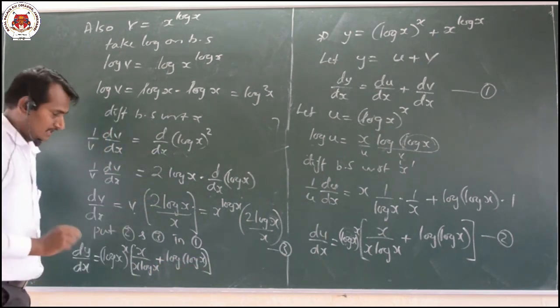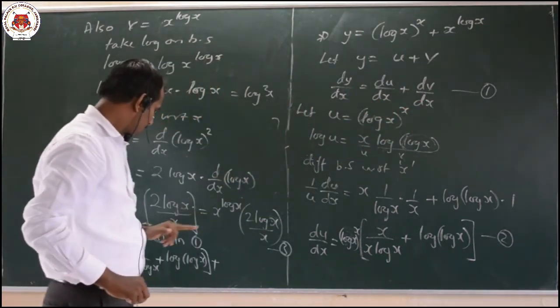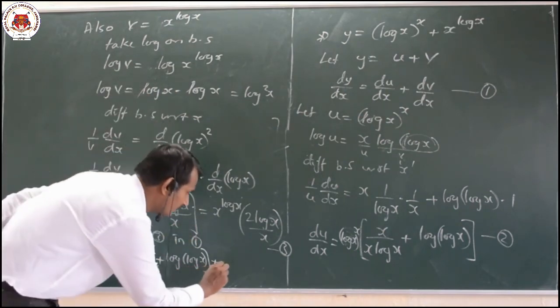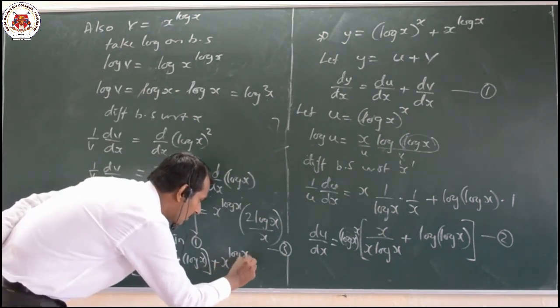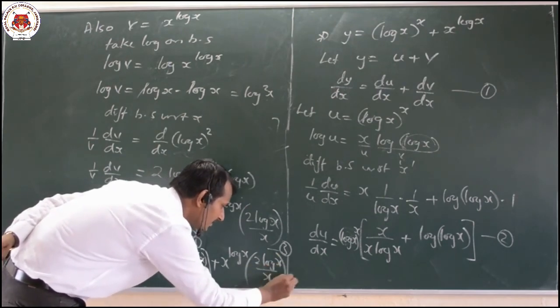Next part, plus dv by dx. dv by dx means from the third equation, that is x to the power of log x into 2 log x divided by x. That is the required result.